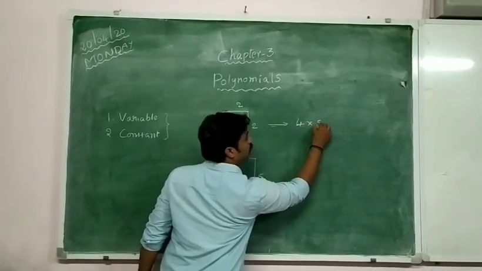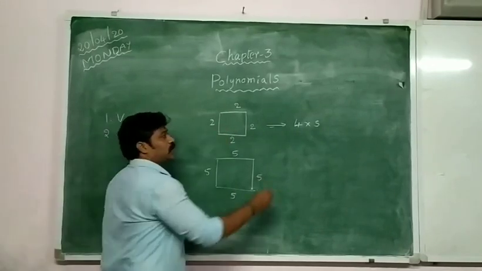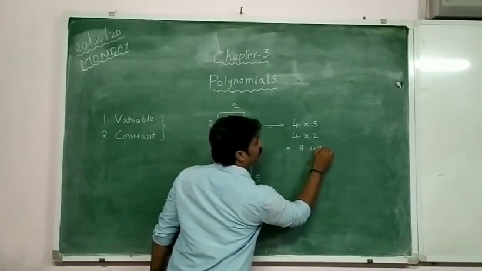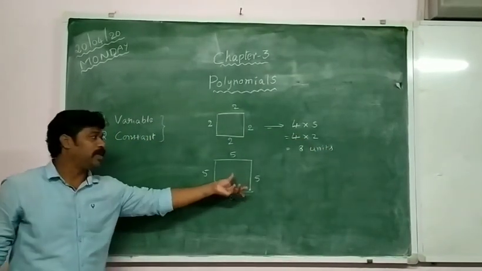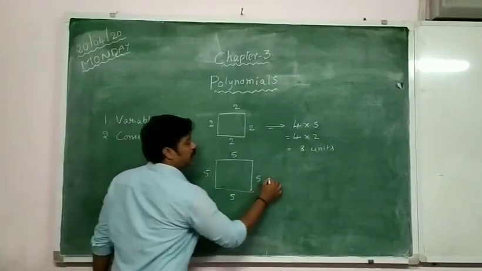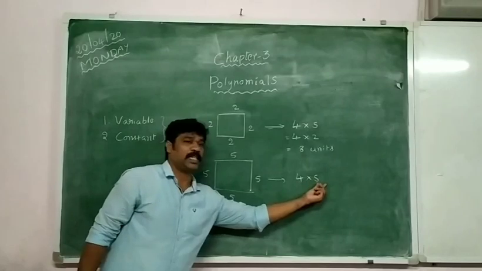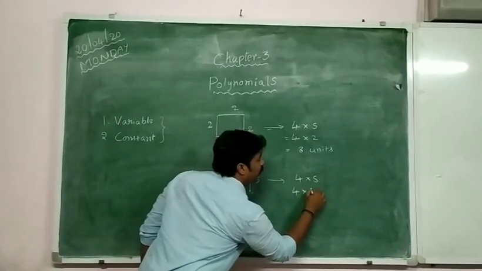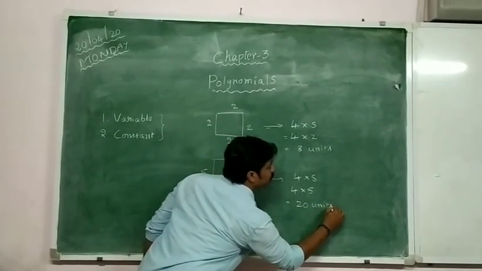The side of the first square is 2 units, so we get 4 into 2, which is equal to 8 units. Similarly, for the second square the formula is the same, 4 into s, and here the side s is 5 units. Substituting 5 in place of s, 4 into 5 gives 20 units.